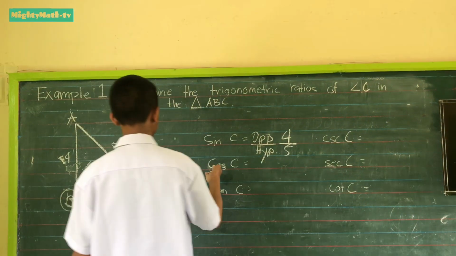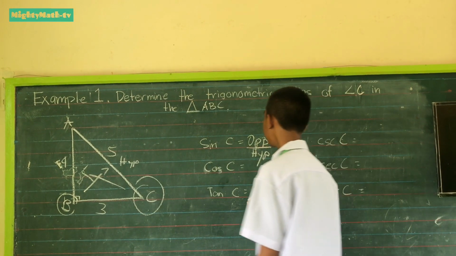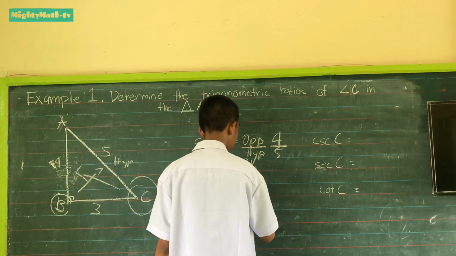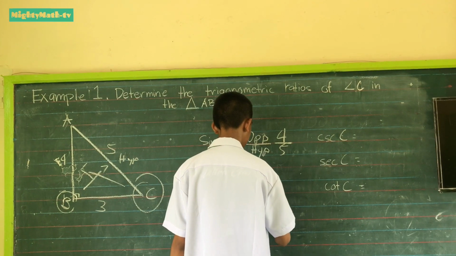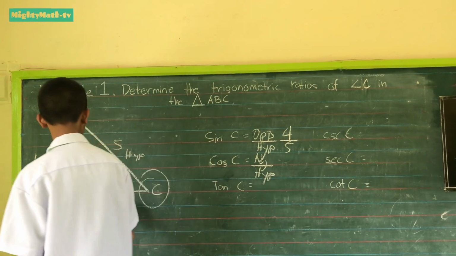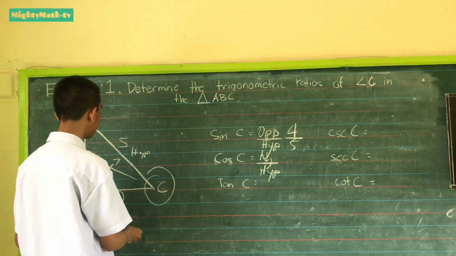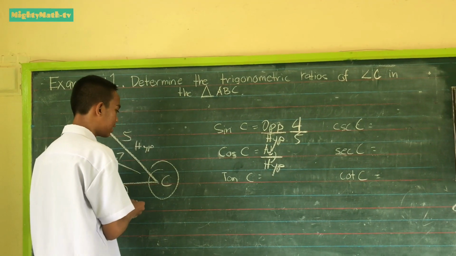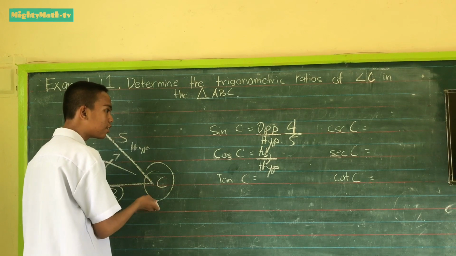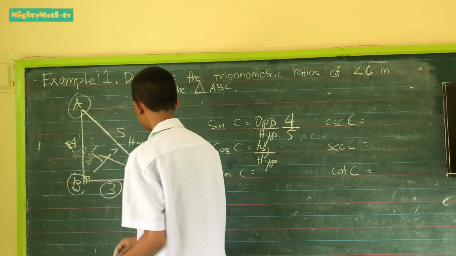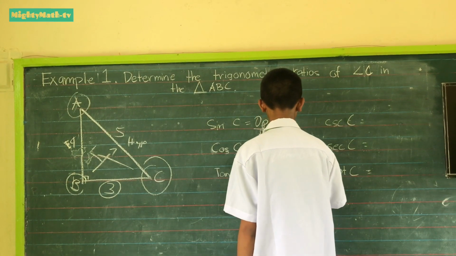And now let's answer cos C. We know that cosine is adjacent over hypotenuse. The only remaining side here is 3, directly in front of A. The side that is near the angle we look at is the adjacent side, and its value is 3.